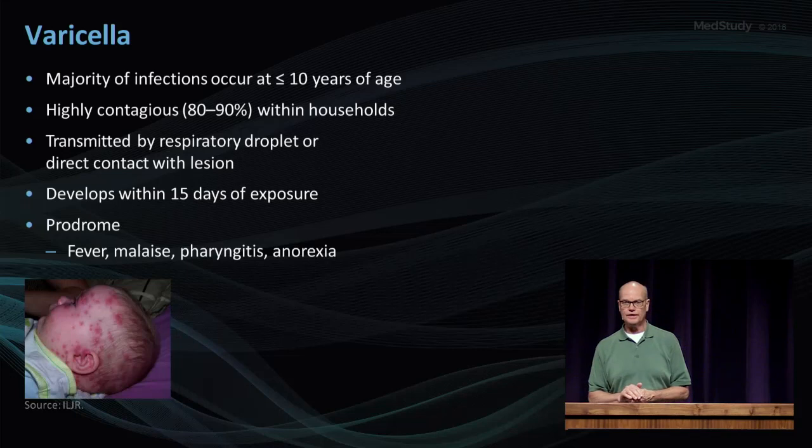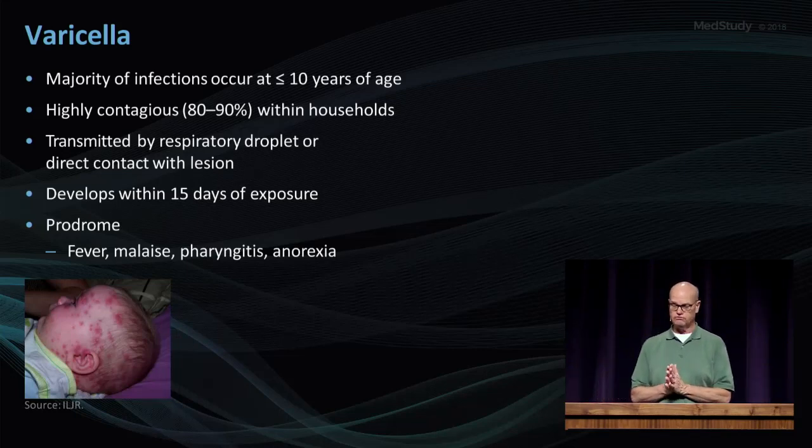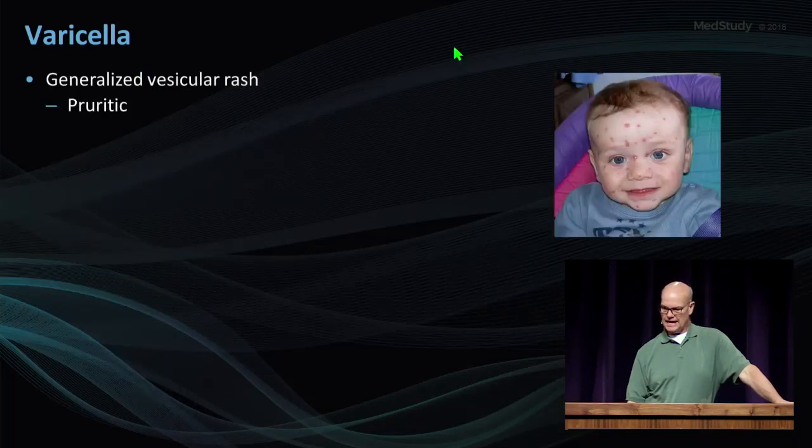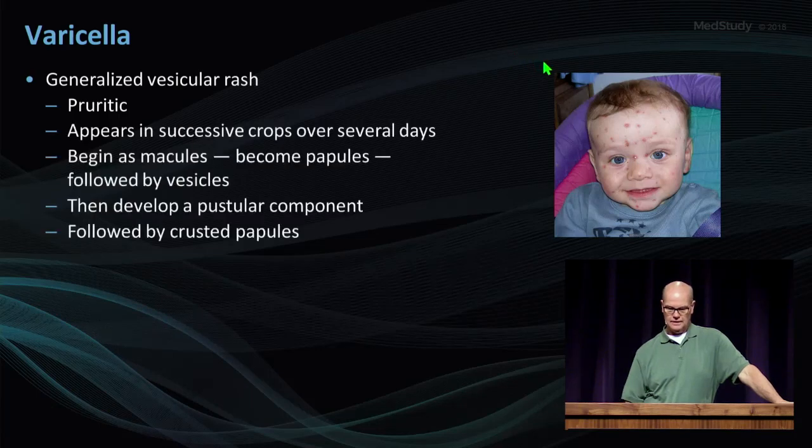Varicella: the majority of infections occurred prior to 10 years before the vaccine, and develop typically within 15 days of exposure, and the prodromal symptoms are listed here. Typically, the rash is pruritic, appears in successive crops over the day.